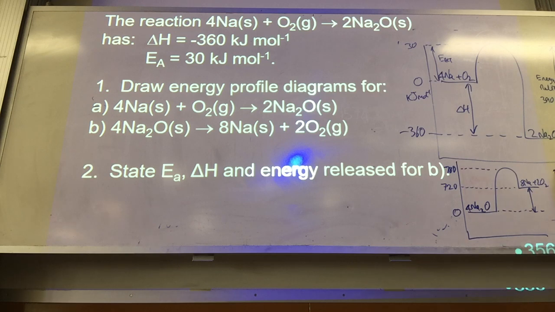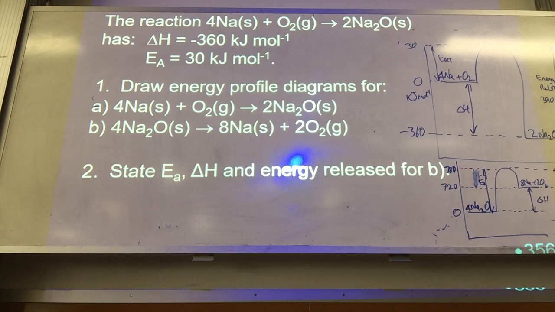And that also indicates that the energy released will have double the activation energy for the forward reaction, which will make it 60. Better get that correct. That's activation energy there.